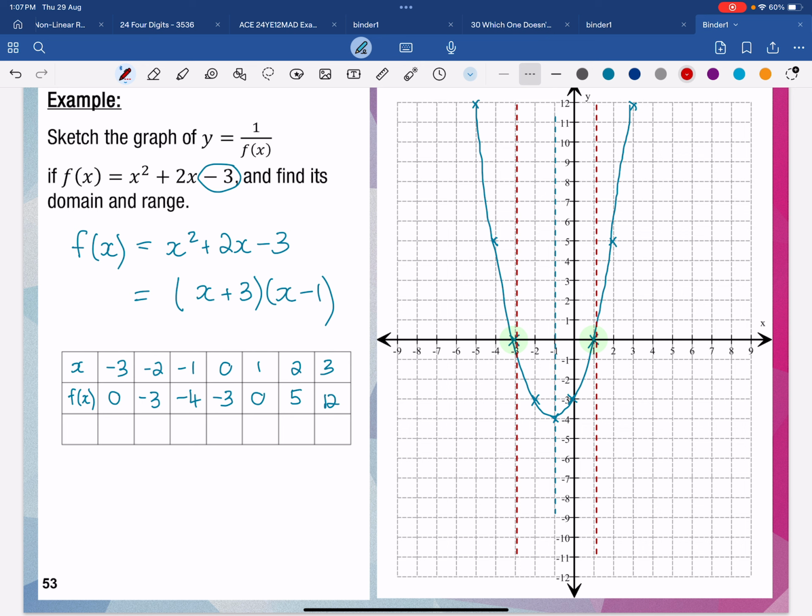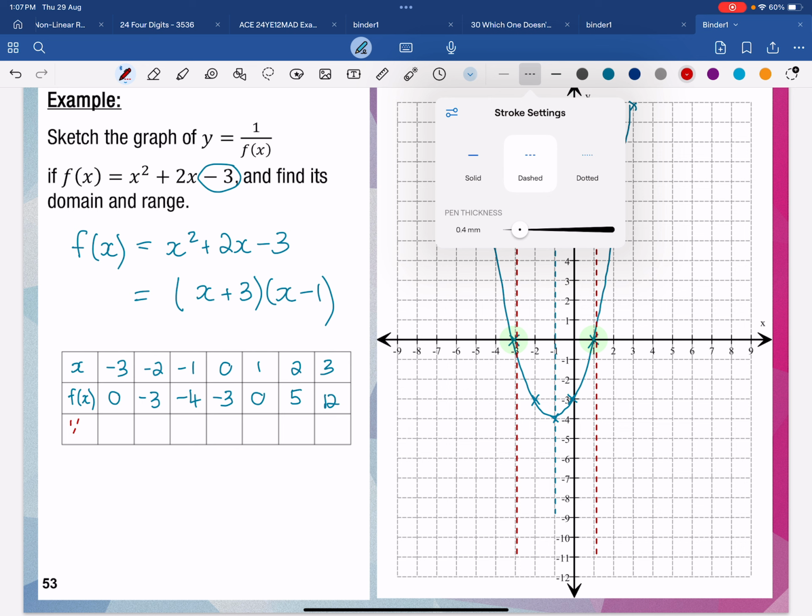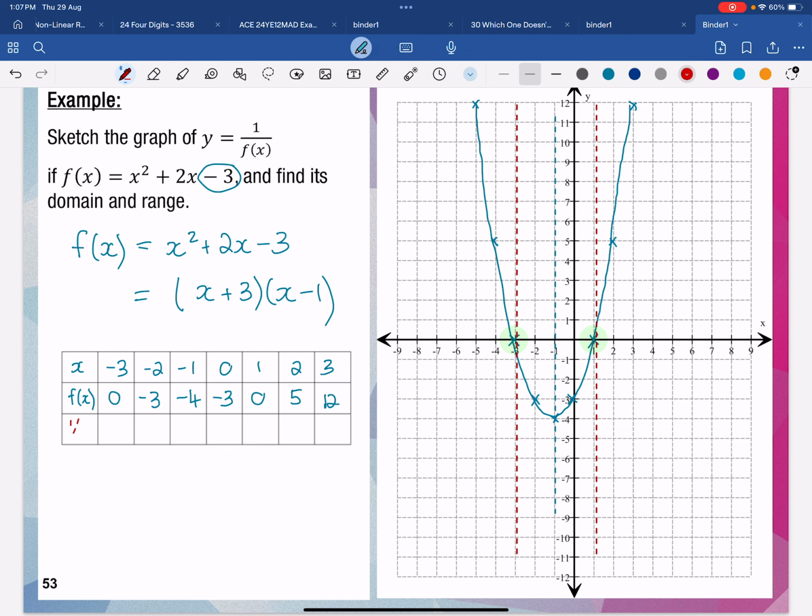All right, so for the third line of my table, I will have 1 on f of x. And we can see 1 on 0 is undefined. For -2, my f of x value is negative 3, so I will have minus 1 on 3.